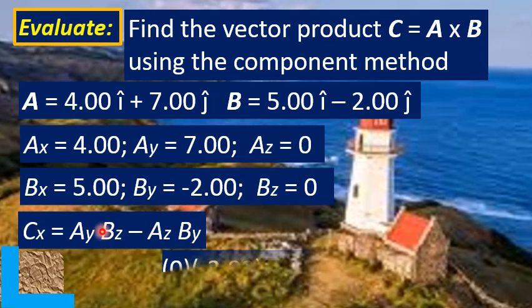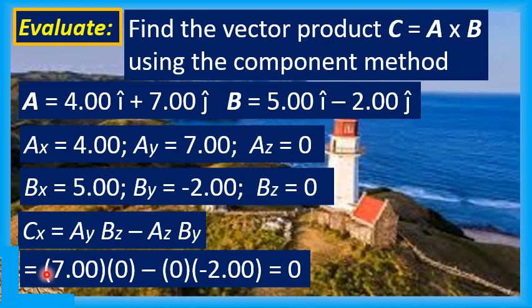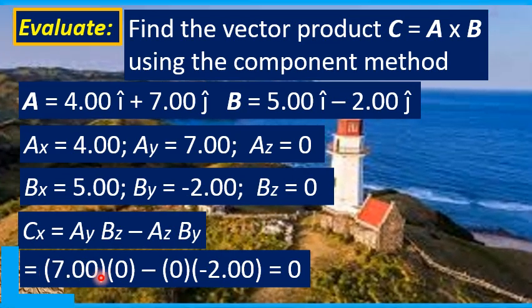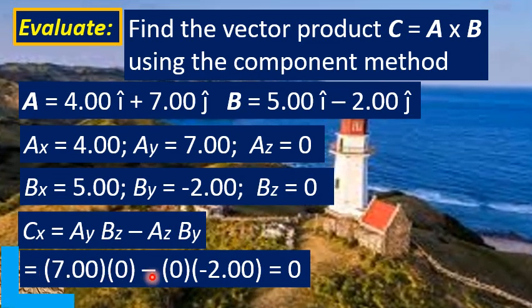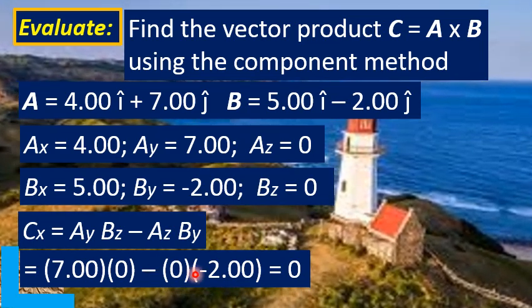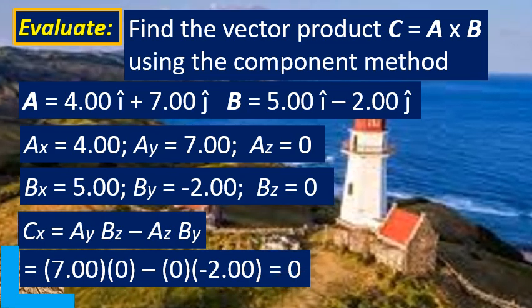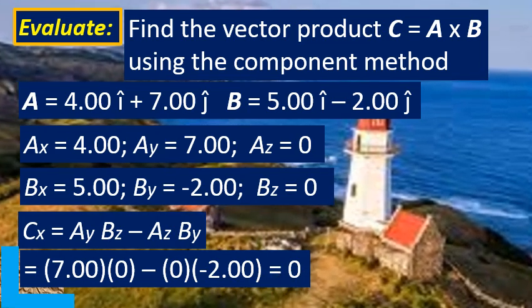That is, Cx equals 7.00 times 0, all right, minus 0 times negative 2.00, and we will get 0 as the x component of vector C.